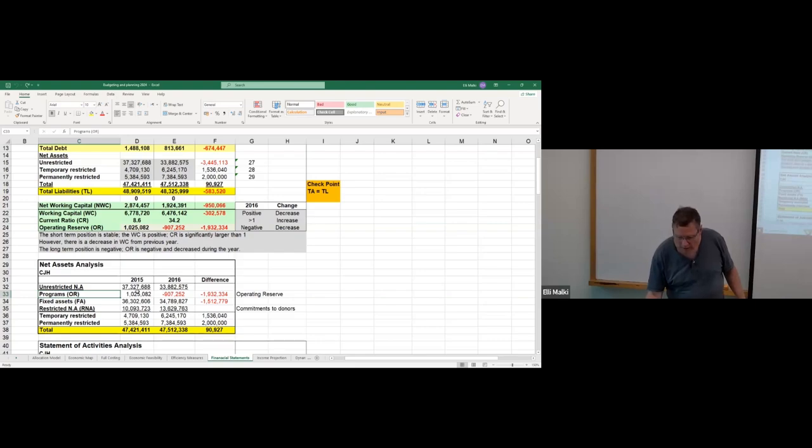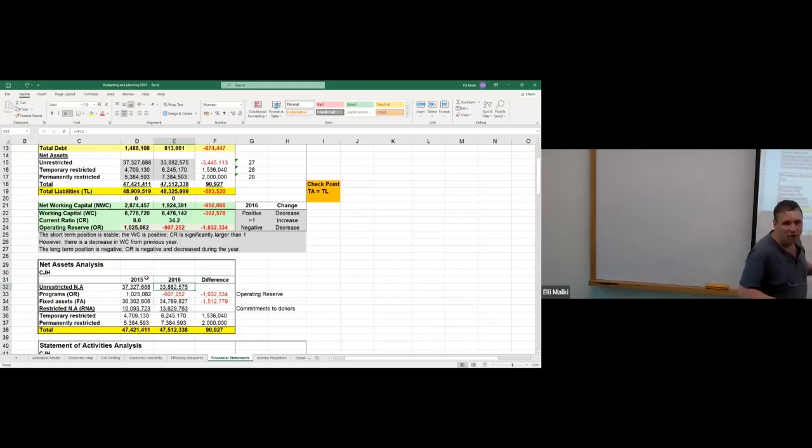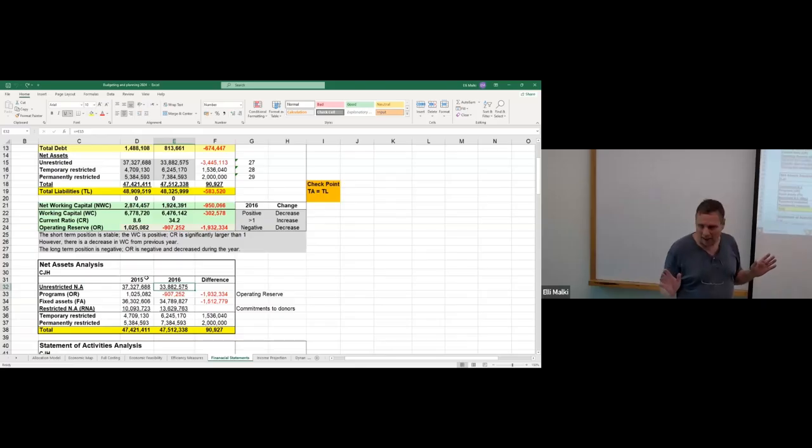And what we see here is that it seems that we have a significant amount of unrestricted net assets, a huge amount of reserve, almost $34 million. But as we can see, these $34 million, $35 million is in fixed assets, something that we are unable to use. So basically, we have a negative amount here in our operating reserve.